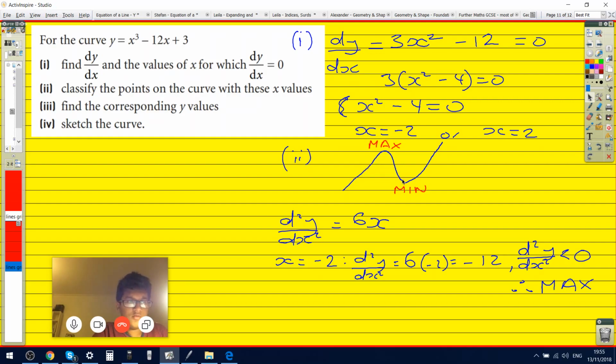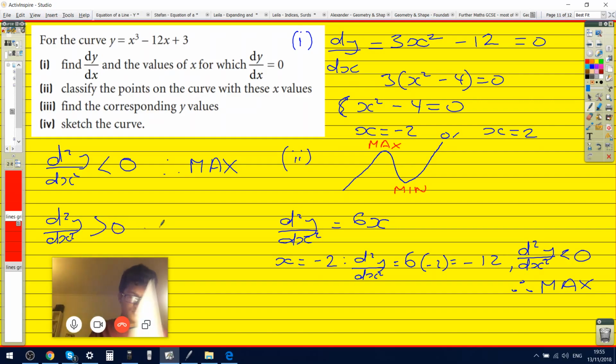Yeah, and as you approach the minimum, what's happening to the gradient? It's increasing. Correct. So when d squared y by dx squared is less than 0, that's the maximum point. When d squared y by dx squared is greater than 0, that's a minimum point.